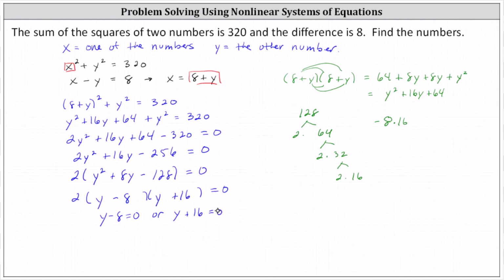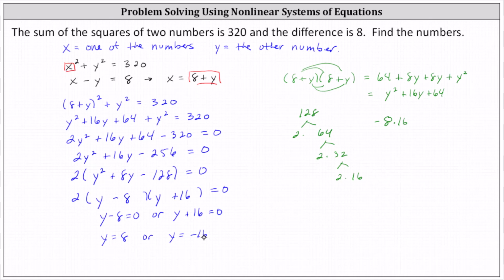Notice the factor of 2 does not give us a solution because it does not contain a variable factor. And now solving these two equations for y, we have y equals positive 8 or y equals negative 16. And now we need to find the corresponding x values.